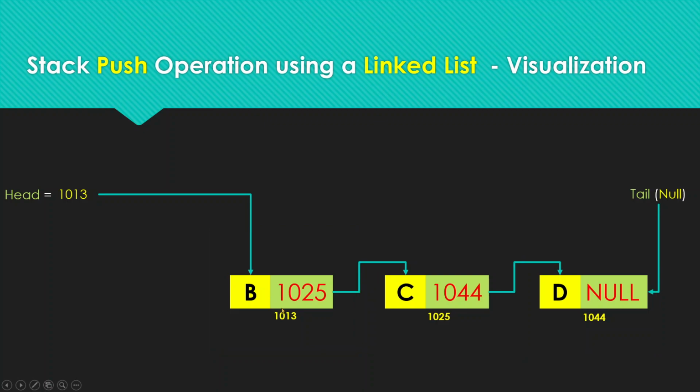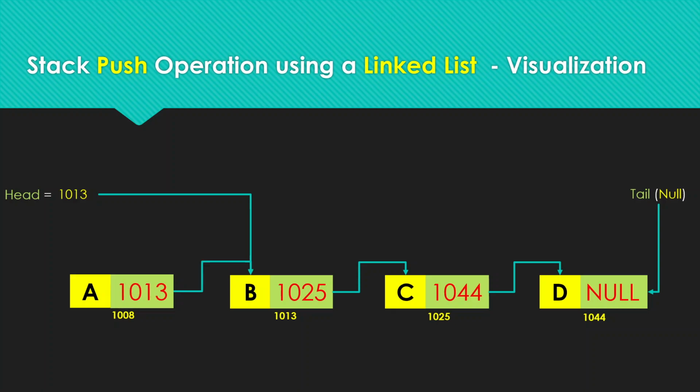So to do that in a linked list is quite easy. It's an O of 1 operation, because we simply have to create that particular node. Then after creating that node, we point that node to the head, which is pointing to the node that was on the top.